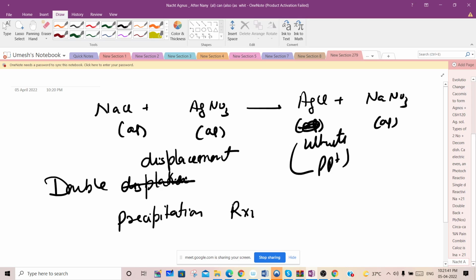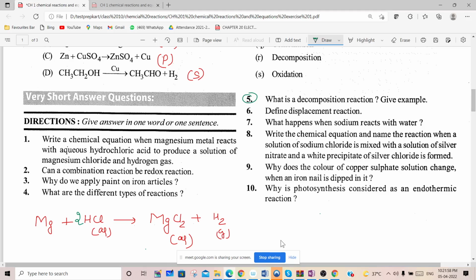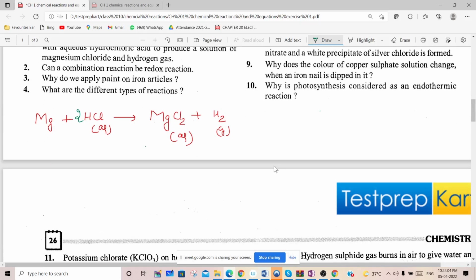Understood? Yes, sir. What does the colour of copper sulfate solution change to when an iron nail is dipped in it?